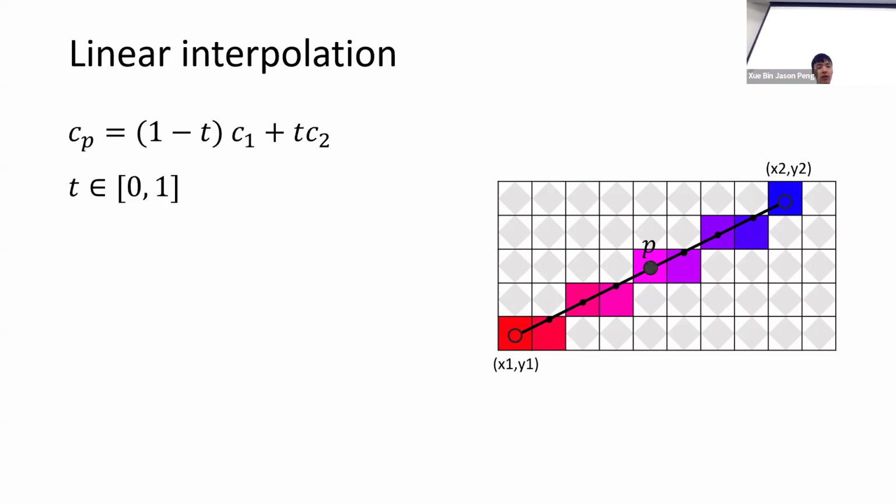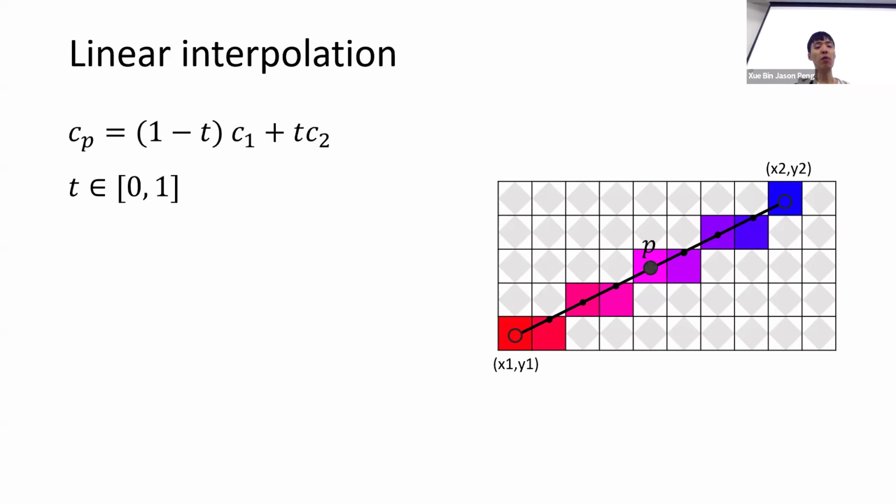So now if we are at the start of the line, T is going to be very small. So 1 minus T is going to be a large value close to 1. So we are going to give a high weight to the color of the starting point C1. And then C2 will be weighted by T, which is going to be a small value.